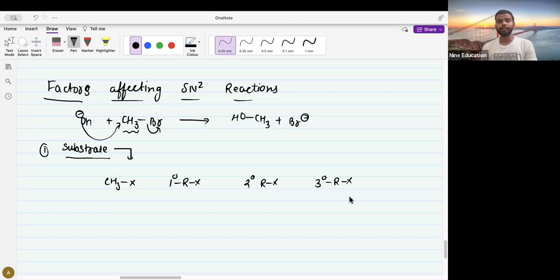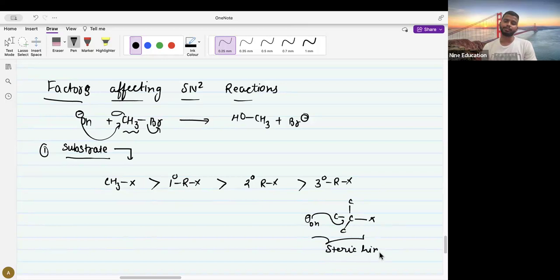So in all the four, in which the backside attack is more favorable will be the CH3X, then 1 degree, then 2 degree. Because in 3 degree alkyl halide, if I need to attack OH minus, here the thing which happens is known as steric hindrance.